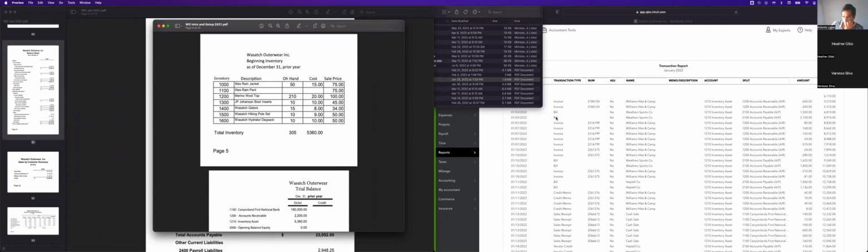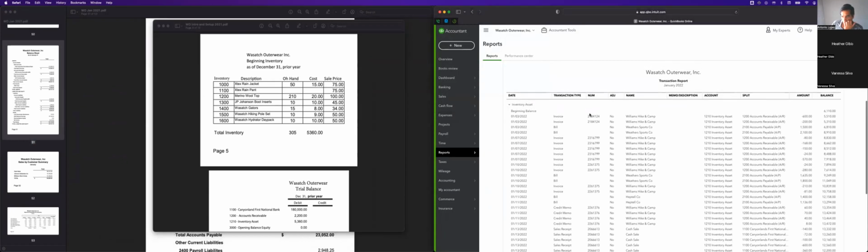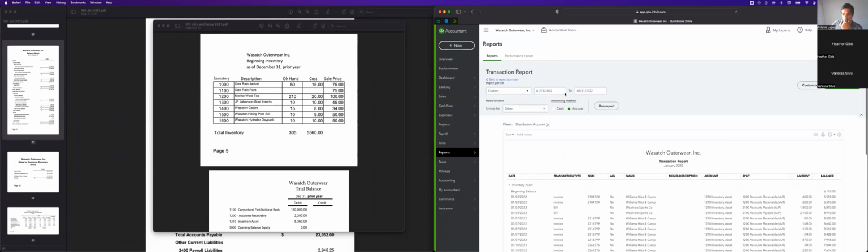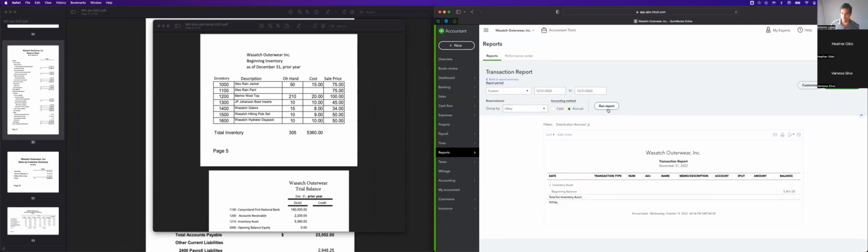So total inventory, beginning balance seems off as well. I can run through this. What is that amount? 41.